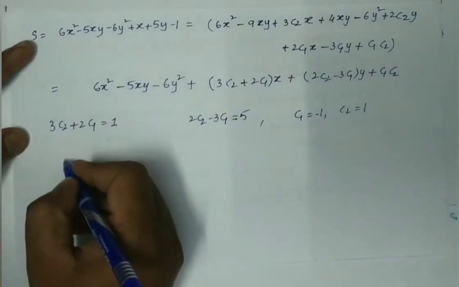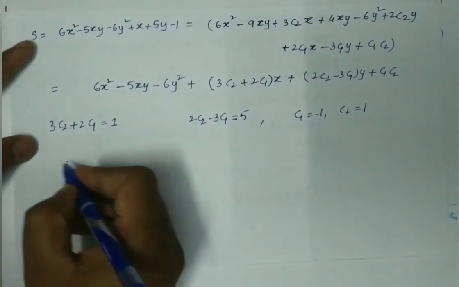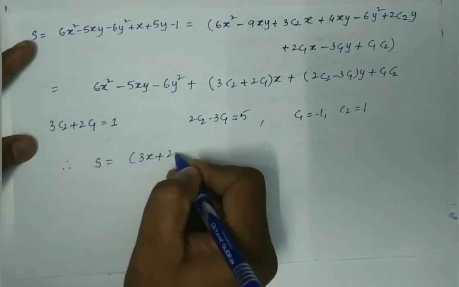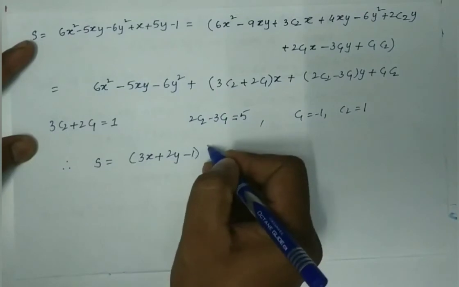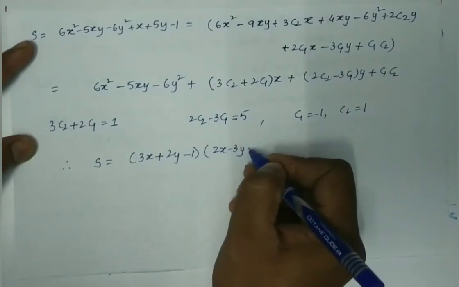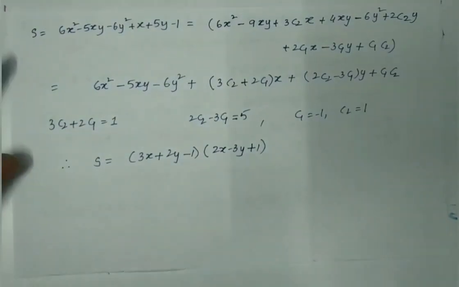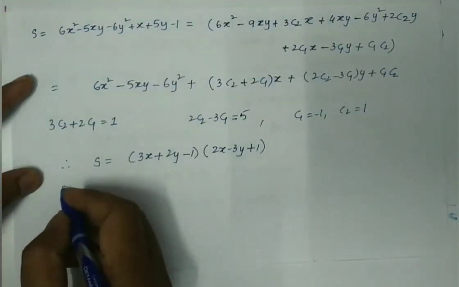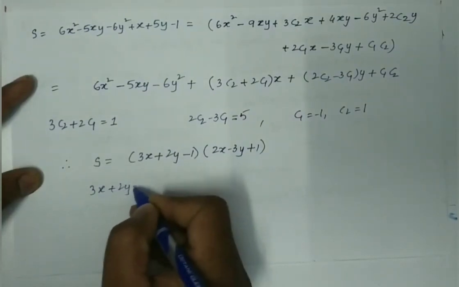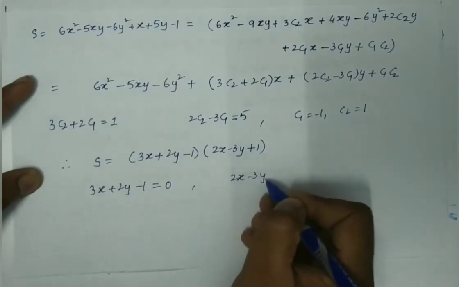Therefore the equation S = 0 represents a pair of straight lines, which are 3x + 2y + c1, that is 3x + 2y − 1 = 0, and 2x − 3y + c2, that is 2x − 3y + 1 = 0.